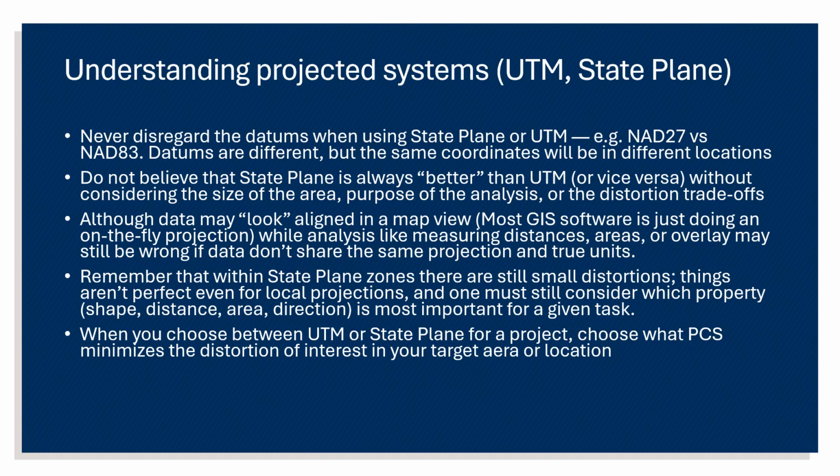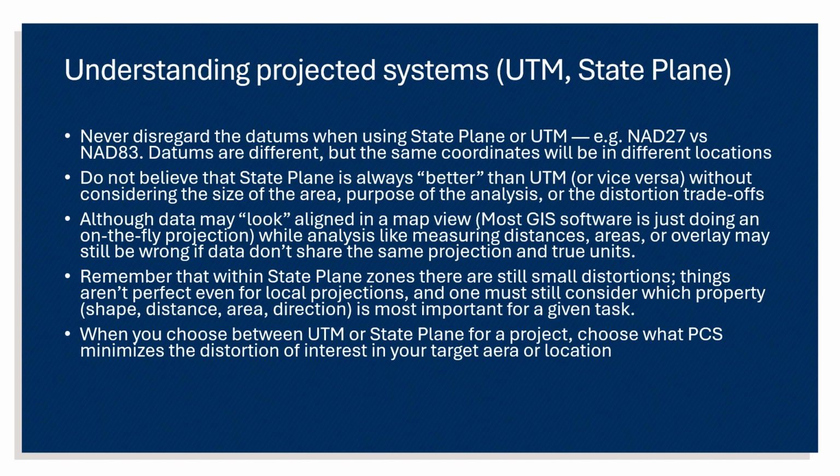It's also super important that you never disregard datums. When you're using a state plane or UTM, some could be in NAD 27, some could be in NAD 83. Datums are different, but the same coordinates will be in different locations.